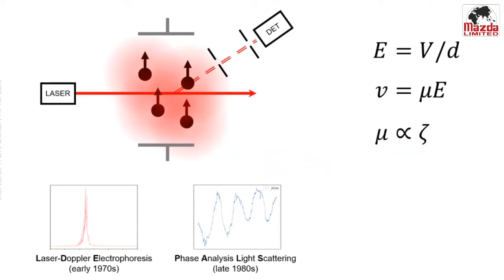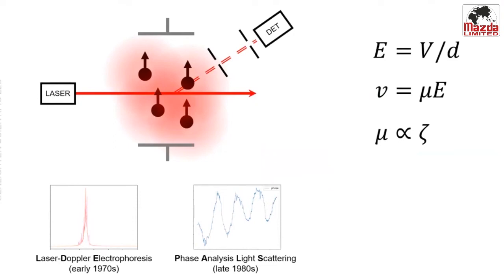Above 10 millimolar ionic strength, commercial instruments switch to using PALS, simply because they cannot do the laser Doppler measurements. But PALS measurements are only valid if the sample is truly monomodal with respect to zeta potential. You have to assess whether that's an appropriate assumption or not for your particular purpose.